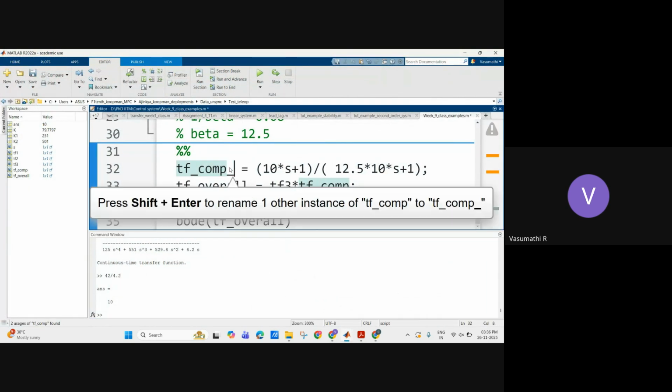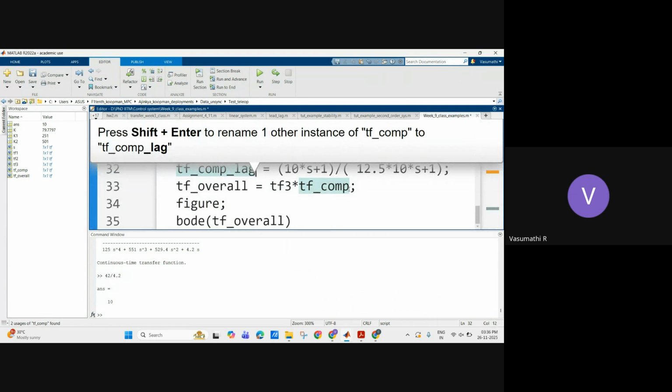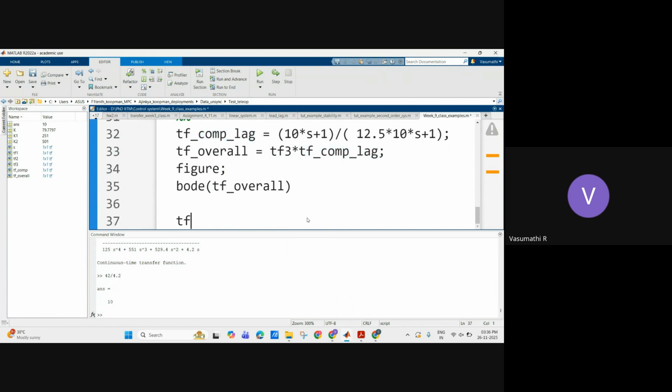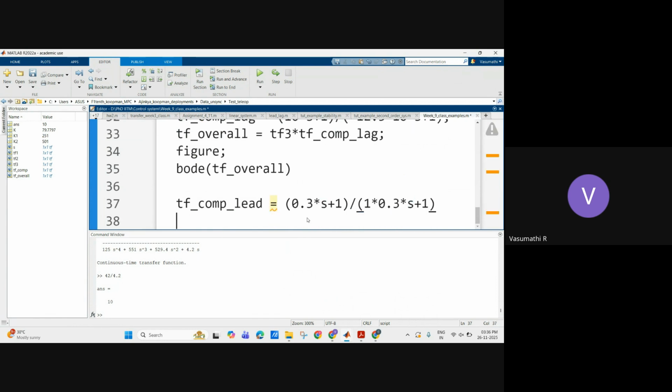We will do a new compensator, that is lead, with T equal to 0.3: the numerator is 0.3 s plus 1, and the denominator is 1 into 0.3 s plus 1.